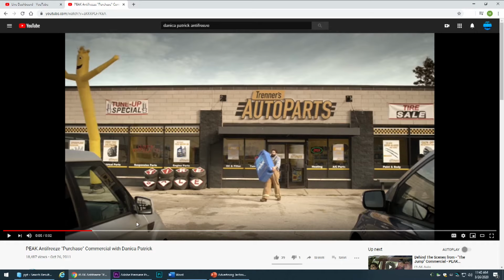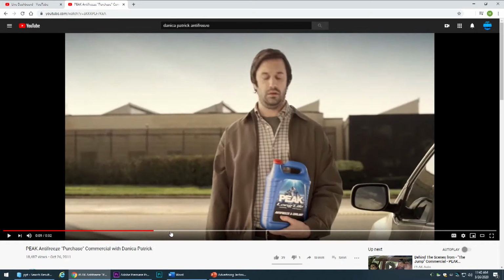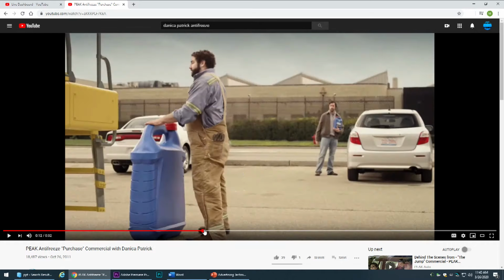Brown pants, blue shirt. I think there's a wider shot of this guy. Blue pants, brown shirt. A lot of similarities. So right here, it's trying to do a little bit of emotional appeal by saying, yeah, this could kind of be me.